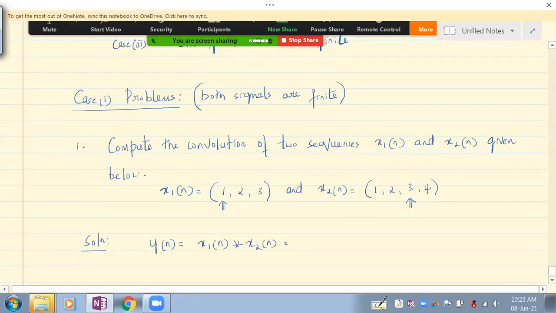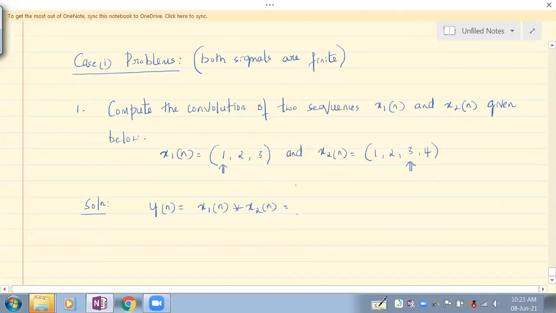This can be given as the summation of k ranging from minus infinity to plus infinity, x1 of k, the first signal becoming x1 of k, and the second signal becoming x2 of n minus k.